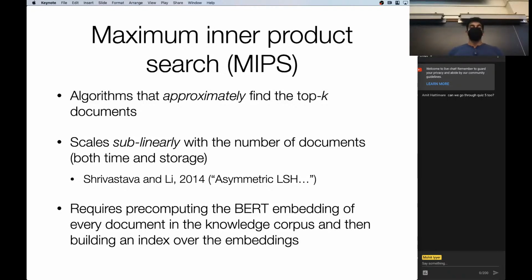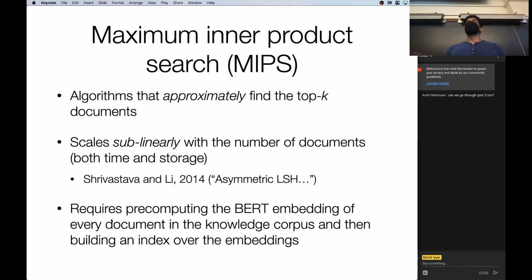There are a lot of libraries, like FAISS is one of them that people commonly use for this. We're not going to go into the exact details of these algorithms here, but this is the main reason why nowadays we can actually do these huge scale retrieval style things. The lookups are not that slow anymore, although they're still slow. This is not a fast thing to do by any means.